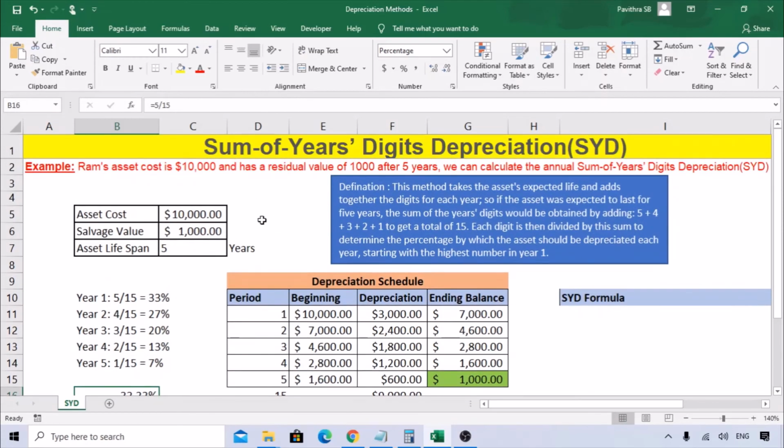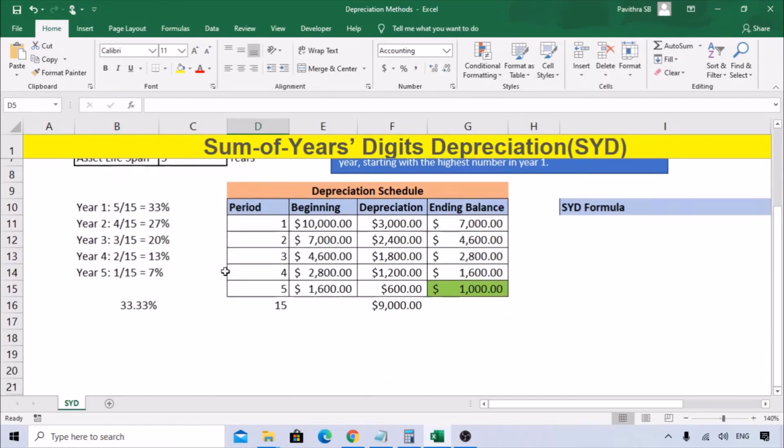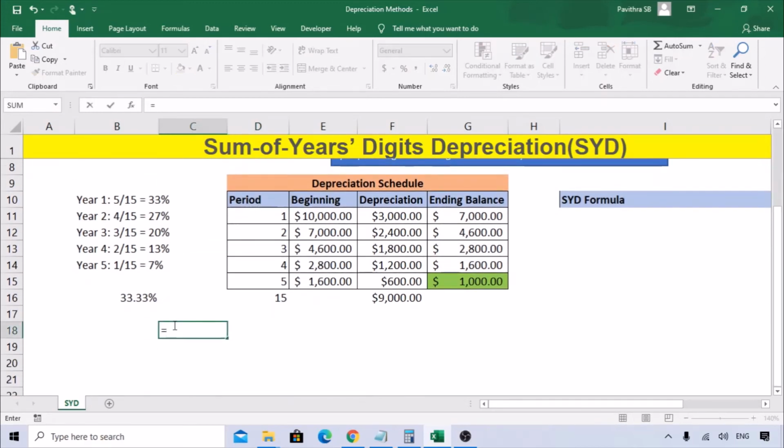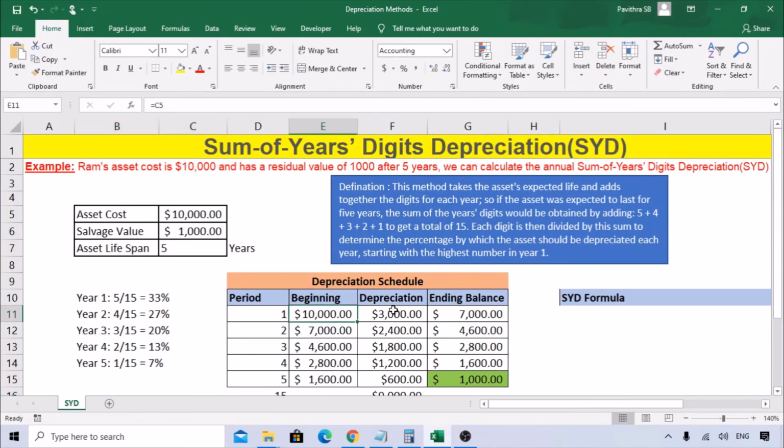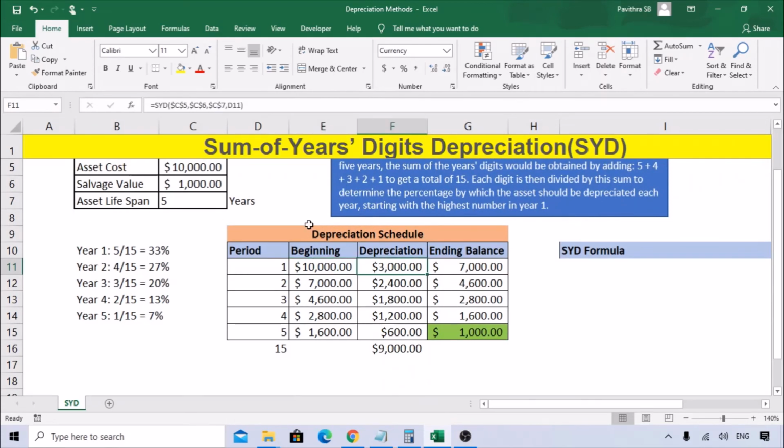That's the reason we are not able to find it exactly here. If you use 9,000 times 33%, obviously 3,000, right? That's the reason.